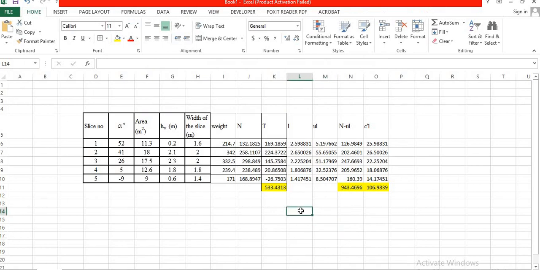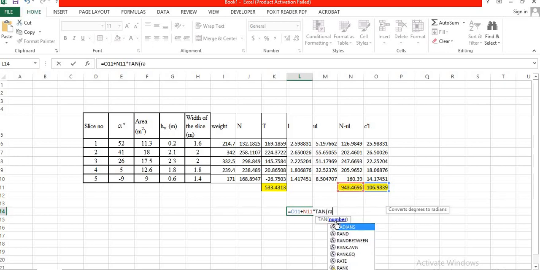So we can find the factor of safety. So it should be this plus n minus UL multiplied by tan 28 in radians.